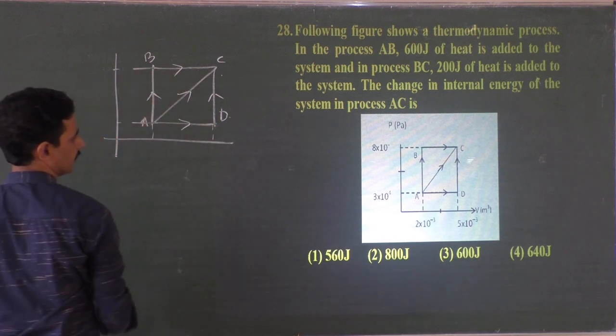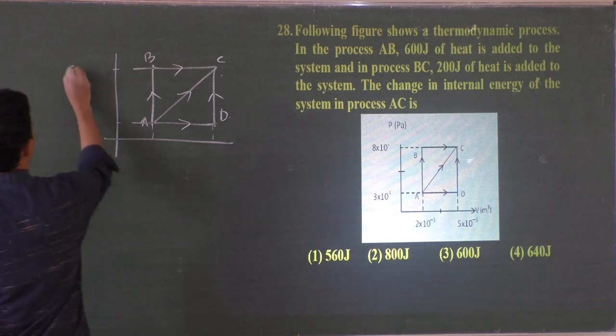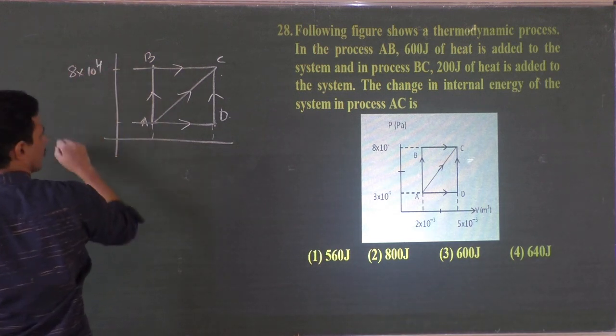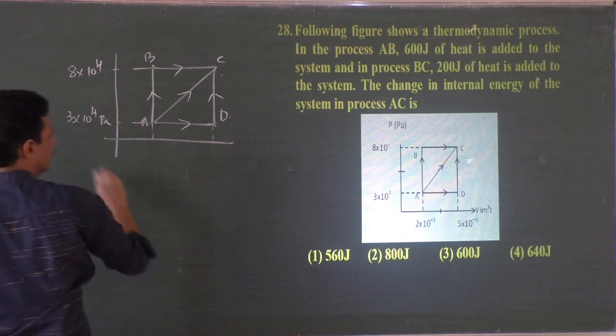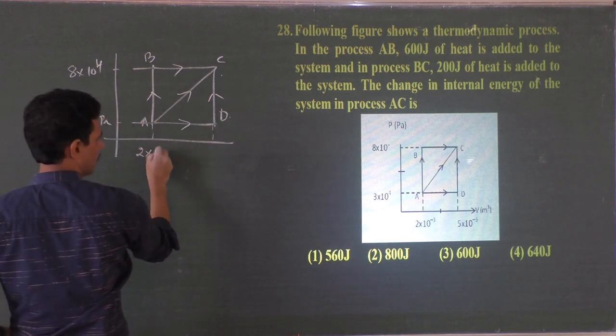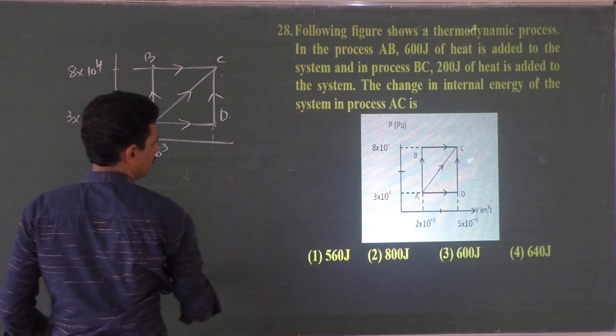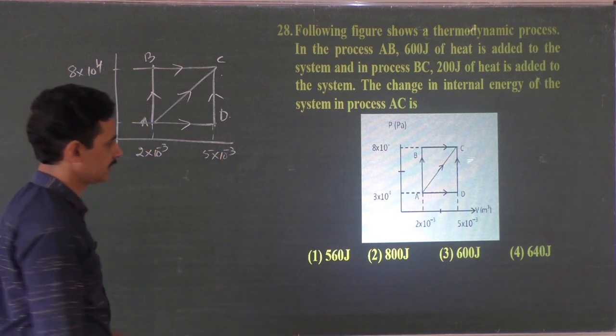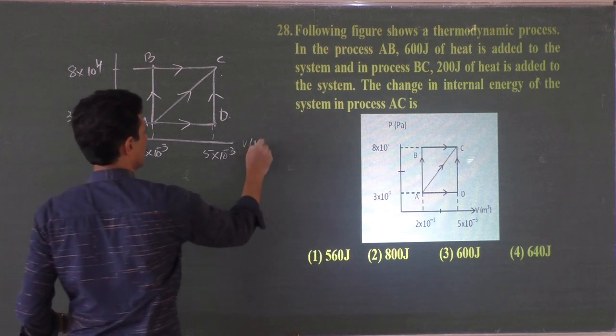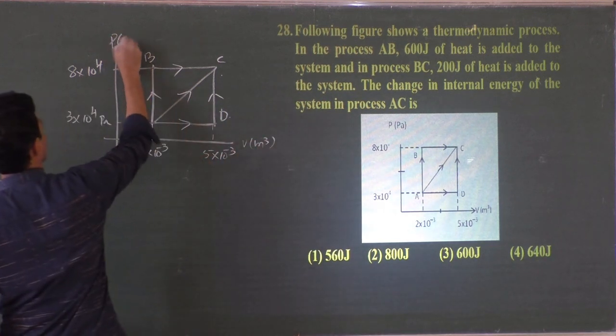This pressure is 8 into 10 to the power 4 pascals, and this is 3 into 10 to the power 4 pascals, and here is 2 into 10 to the power minus 3 meter cube, and 5 into 10 to the power minus 3 meter cube. Volume is in meter cube, and pressure is in pascals.